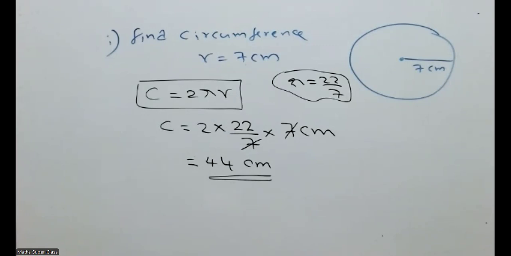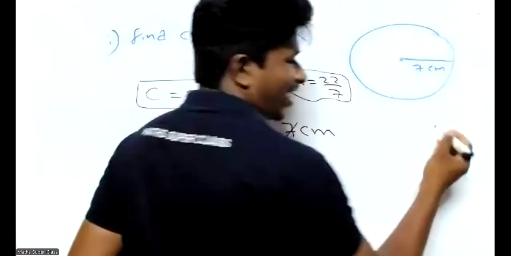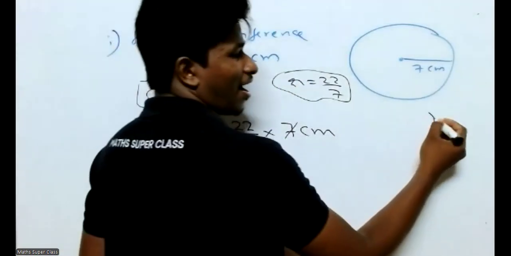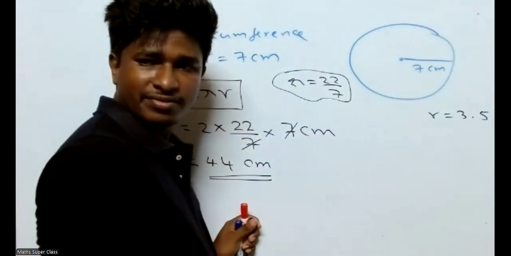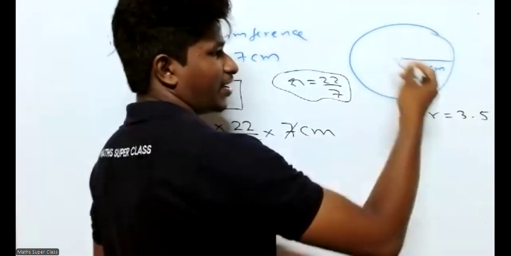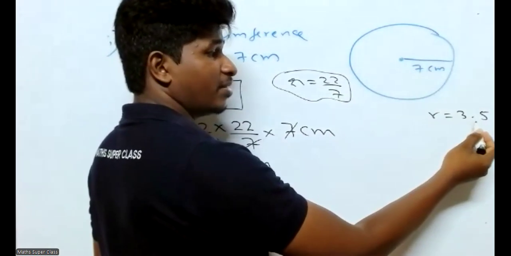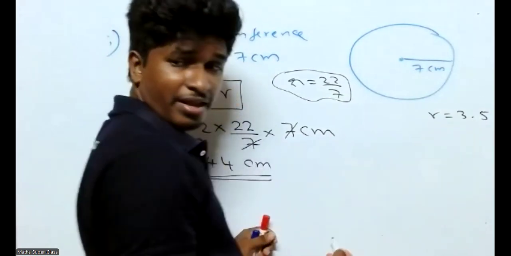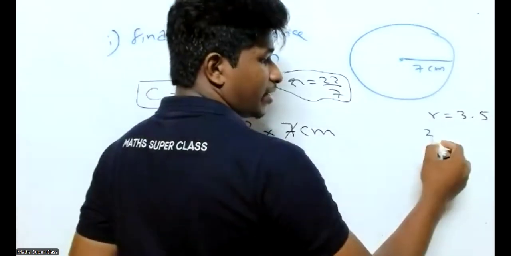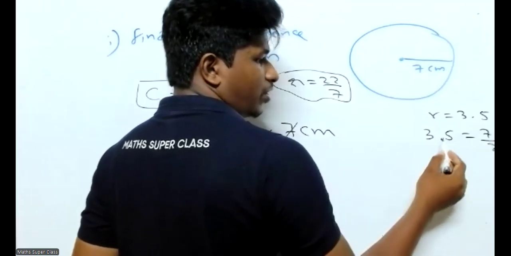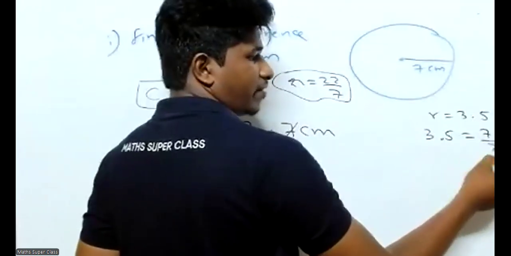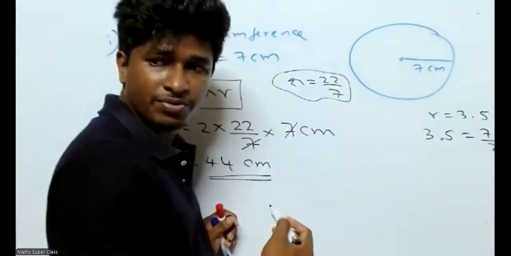Shall I give you some tricks? If you have r equals 3.5, in that case it's better to use 7 divided by 2 instead of 3.5.